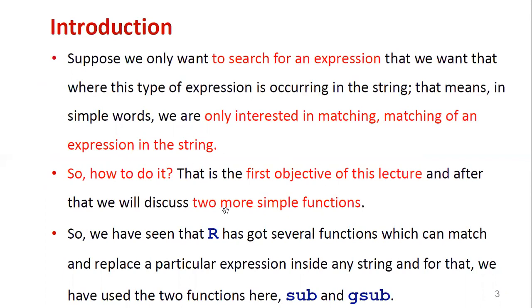After that, we will discuss two more simple functions for operations on strings. R has several functions which can match and replace a particular expression inside any string, and in our earlier lectures we used sub and gsub.